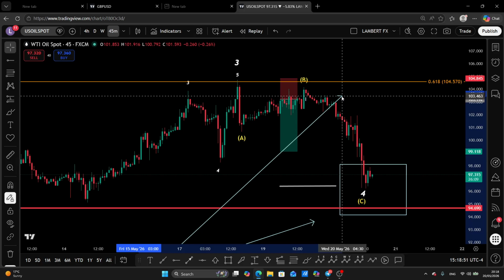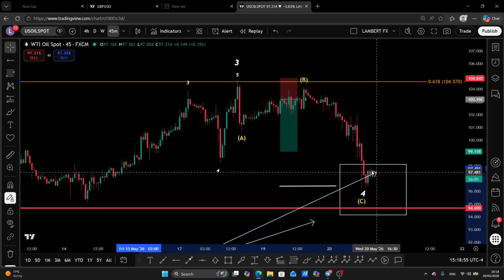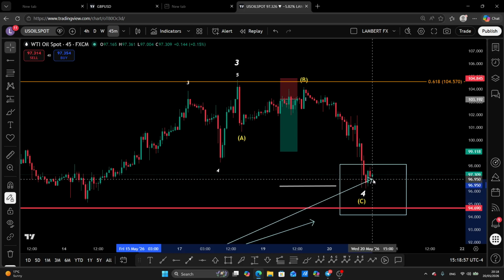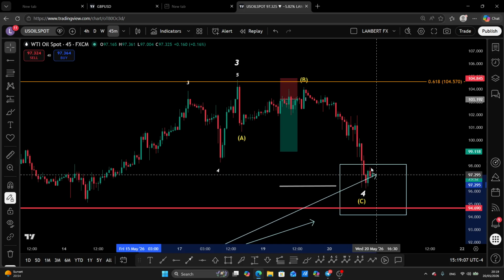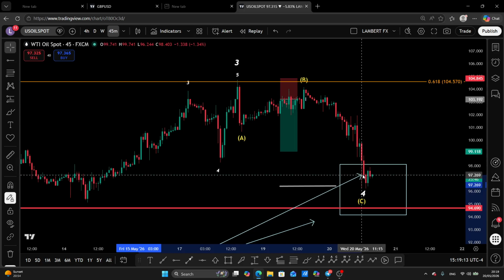US oil, look for bullish price action tonight or tomorrow morning. Obviously I live in the UK, so it is about 18 past 8 p.m. The market closes in the next hour and a half.